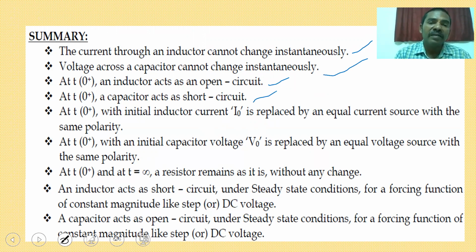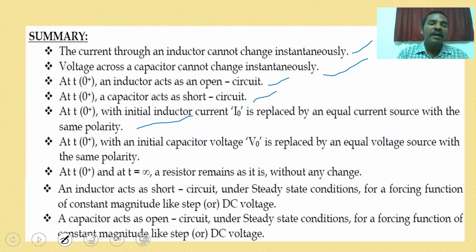Whenever any initial current is there, at t is equal to 0 plus, the inductor will be open circuited and the current source must be represented in parallel with the open circuit inductor. The polarity must be the same as given in the circuit.